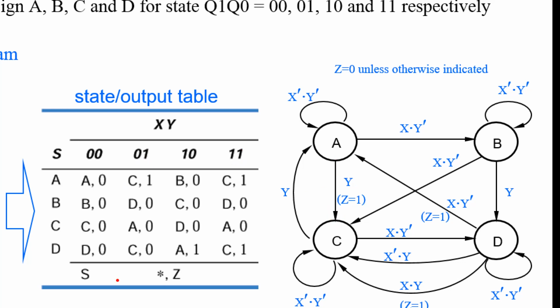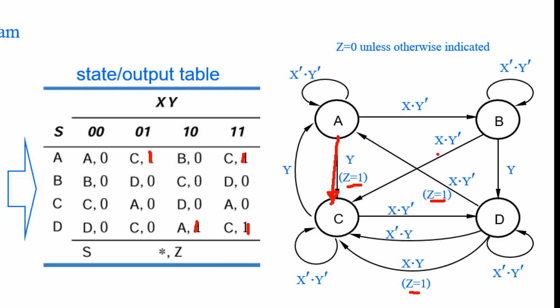How about the output? This is a Mealy type machine, so you write the output at the arrow. In this example case where the output is 1, you may write just the logic 1 output, in the state like that, and you write some comment.